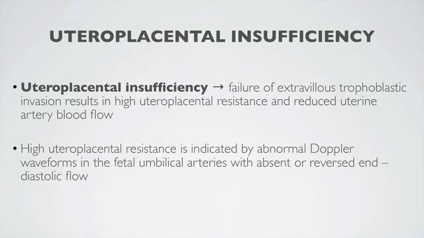So if you have reduced or absent fetal umbilical artery flow, this is a sign of uteroplacental insufficiency. This I know all sounds very complicated, but what I'm trying to say is that a cause of asymmetrical IUGR is having a poor placenta, and the clinical sign on examination of a poor placenta is from an abnormal Doppler.